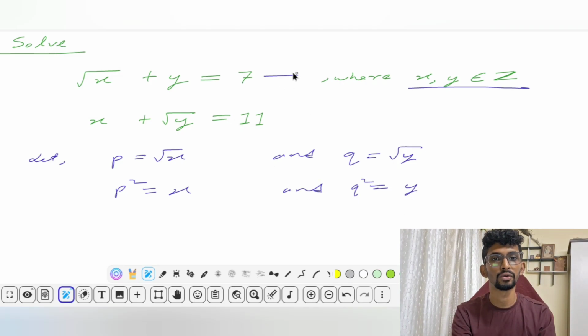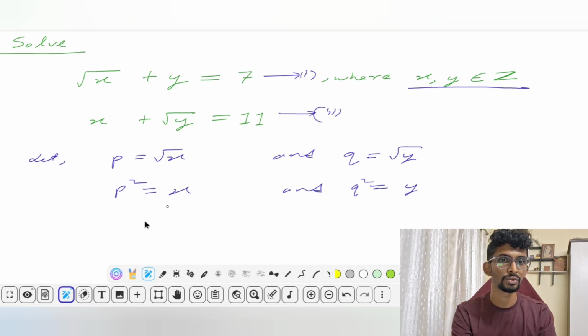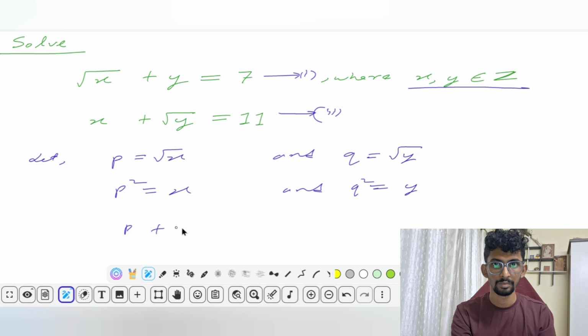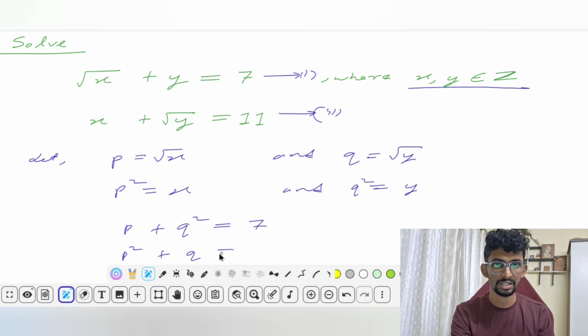Now if we substitute these two values in equation 1 and equation 2, we will get p plus q square equals 7, and equation 2 will become p square plus q equals 11.